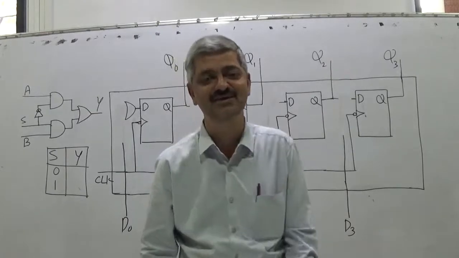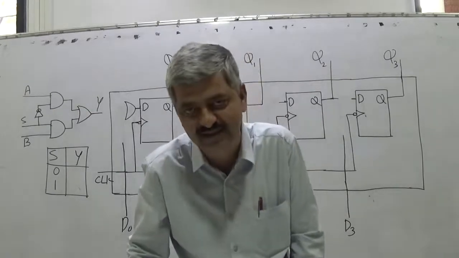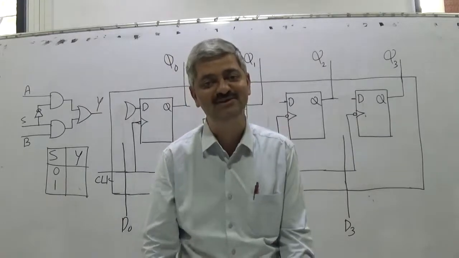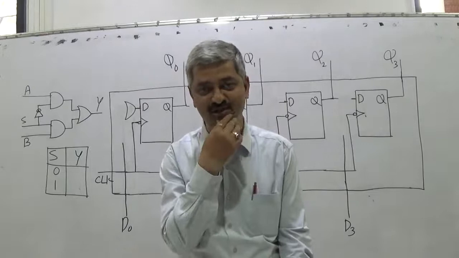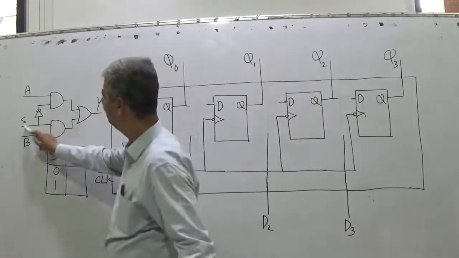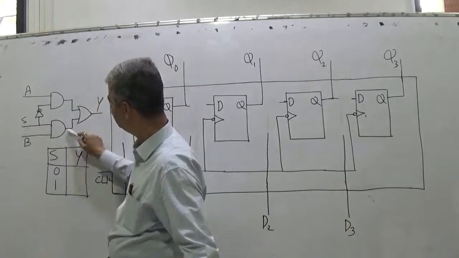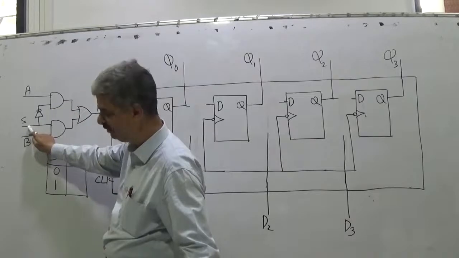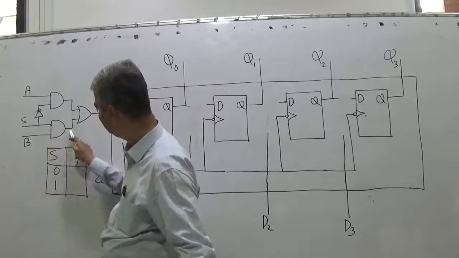As I already said, 3 decades back it was a very important concept which should be taught in detail. Now it is too simple. When S is 0, this is 0, this is 1. When S is 0, irrespective of B, this is 0.